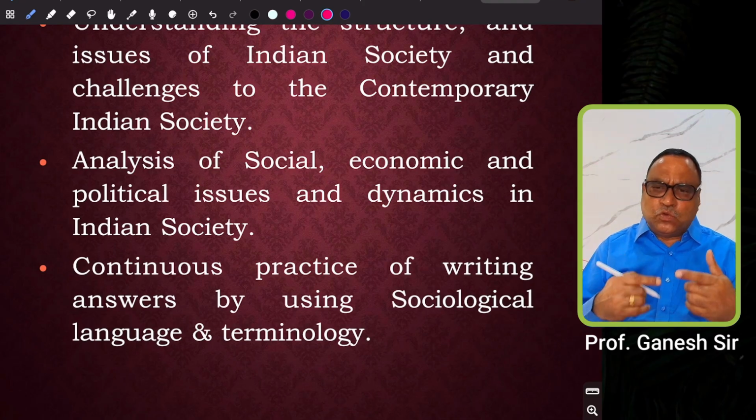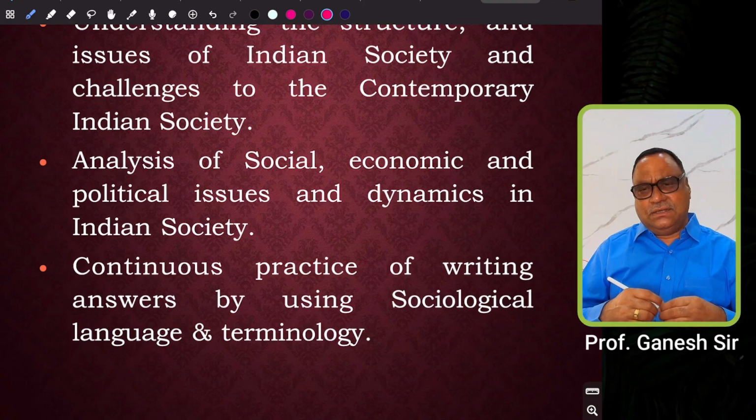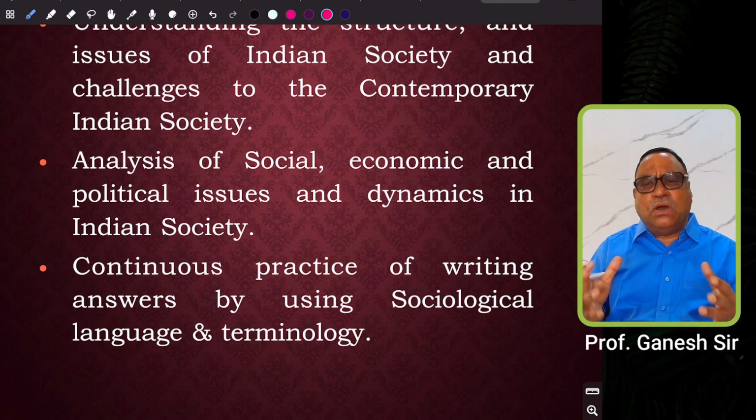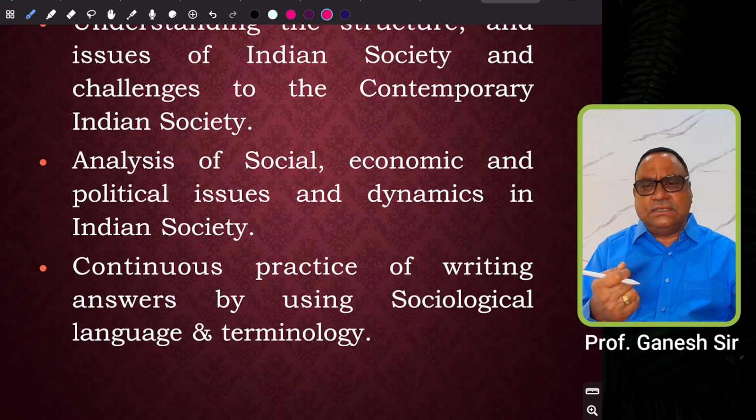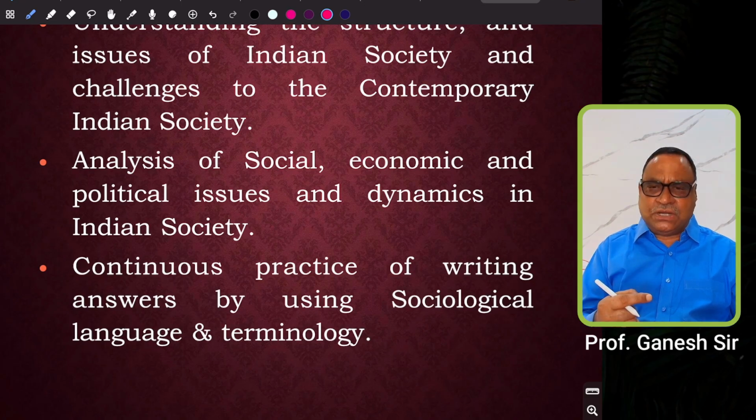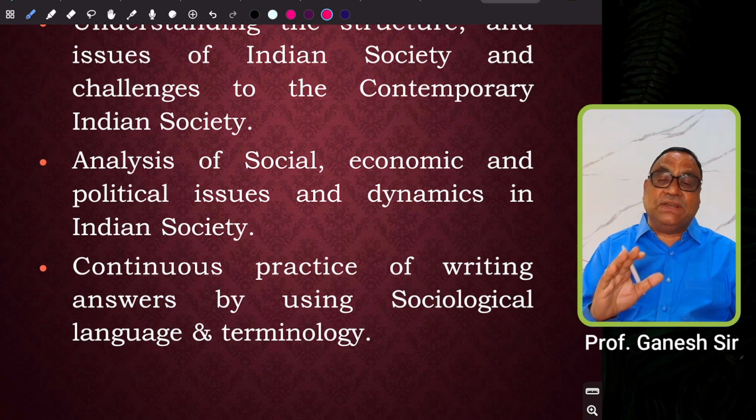So while going through these books, a student can understand the various kinds of terminology, various types of concepts that are used in sociological analysis. So capturing the sociological language and the terminology is very important, and a student is supposed to write the answer by using such type of sociological language or terminology, so that the student can score very good marks.